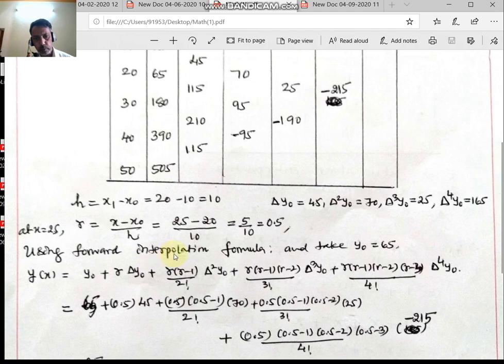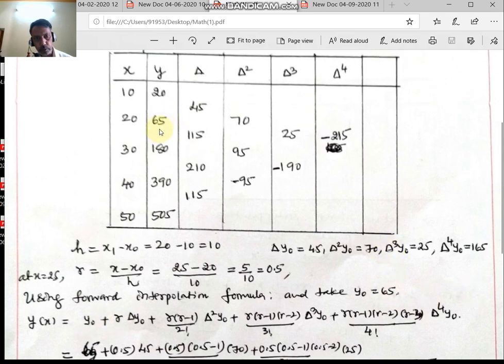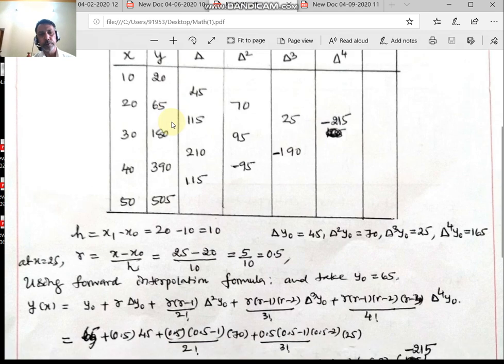So now using the forward interpolation formula, in this formula choose y0 as 65. Why? Because we are actually estimating the y value at the point x is equal to 25. So therefore in the next column 20 will be considered as the initial point, and hence the y value 65 will be taken as the initial point of y.